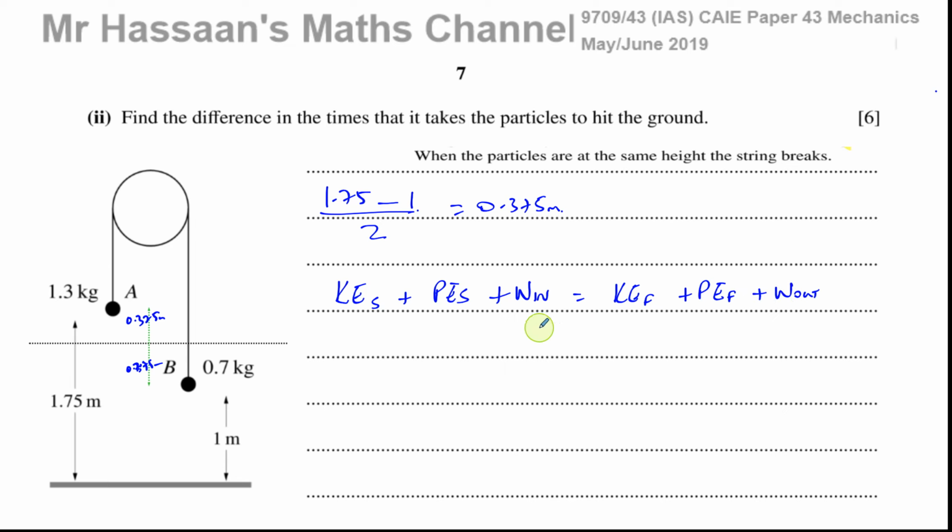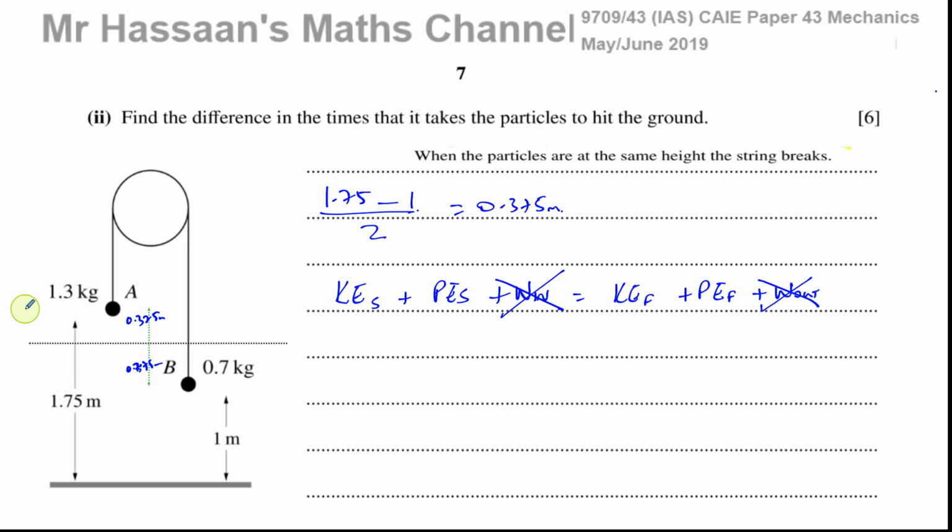In this case, there's no work in, because there's no pulling force. It's all work done against gravity, so that's included in the potential energy. And there's no work out because there's no friction or air resistance or anything like that. So we just have kinetic energy at the start plus potential energy at the start equal to kinetic energy at the end plus potential energy at the end.